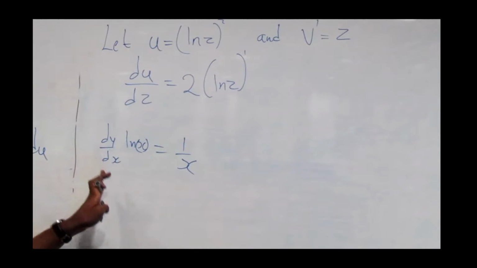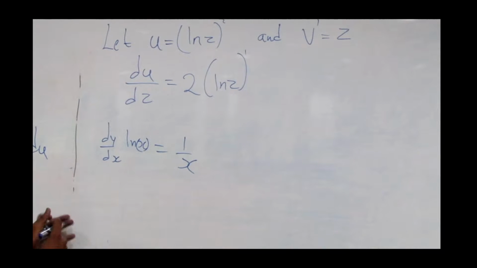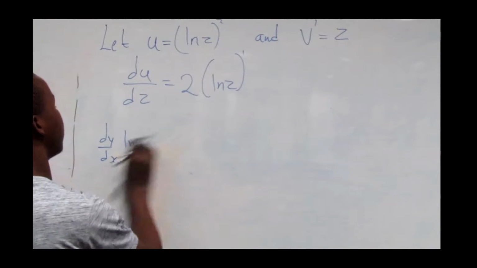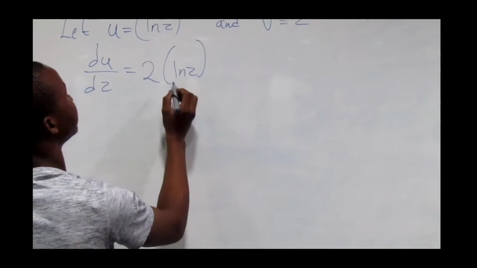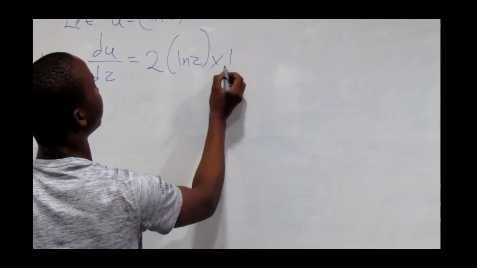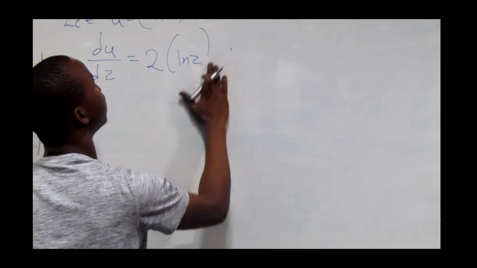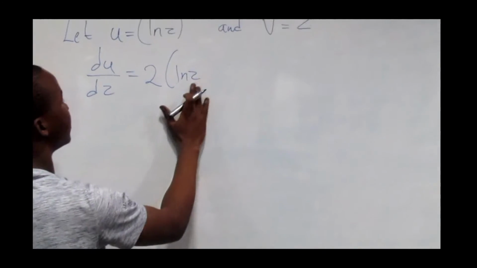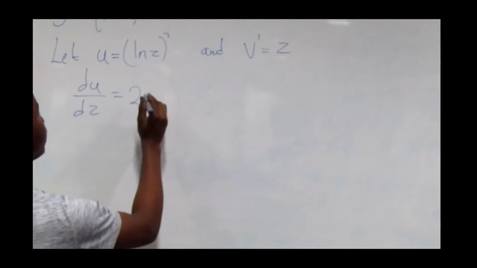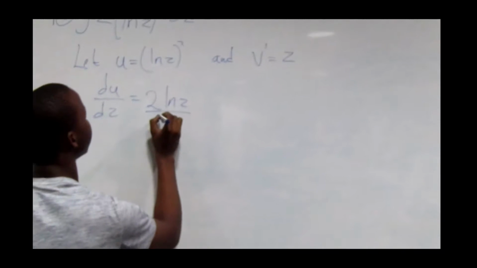Using this law, when we differentiate ln z, it's going to be times 1 over z, so we can write this as 2 ln z divided by z.